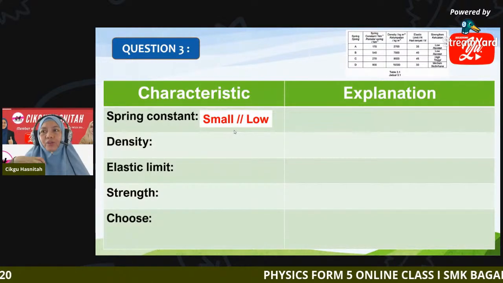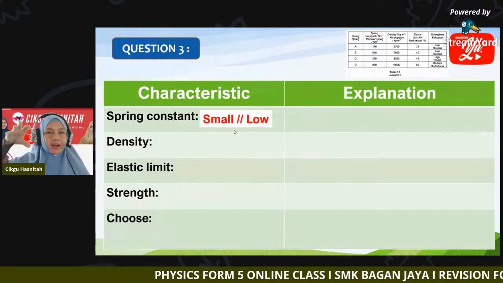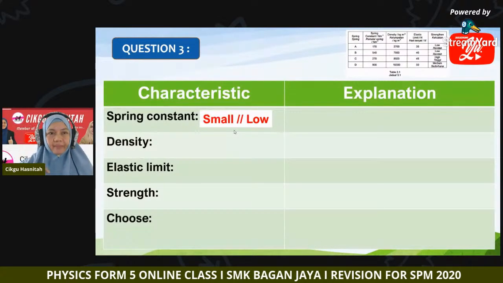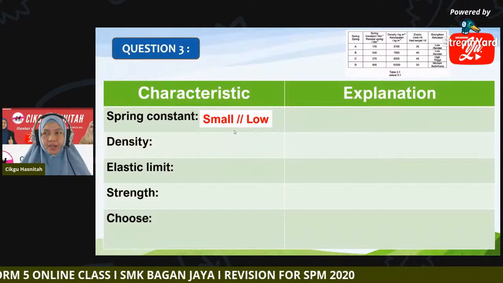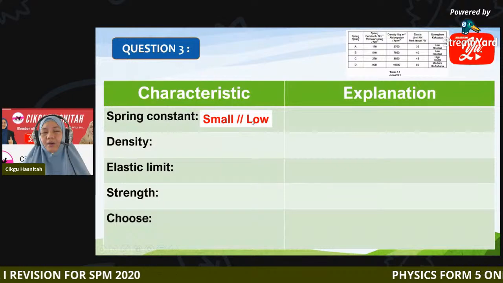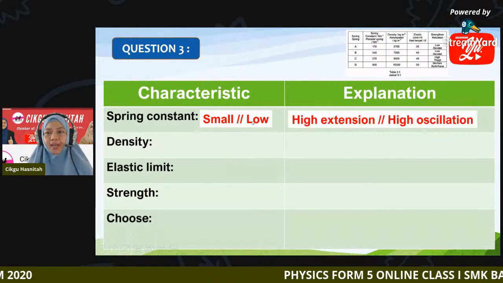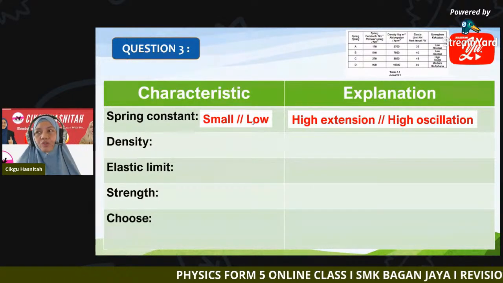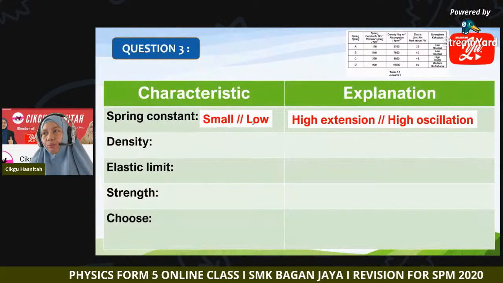So we choose, in order to have this well oscillated cradle with a greater extension, a spring with a low spring constant. Okay, why?